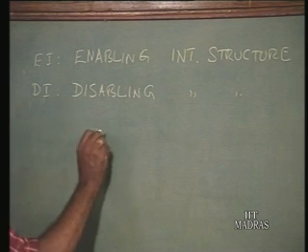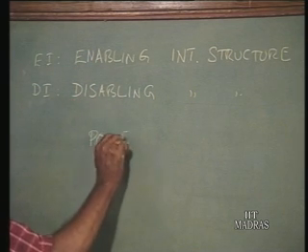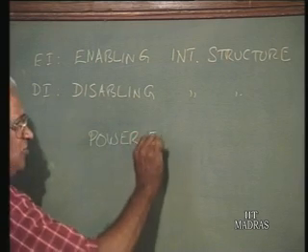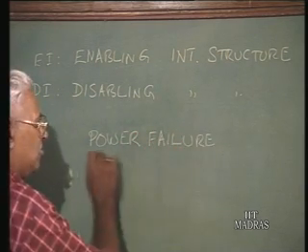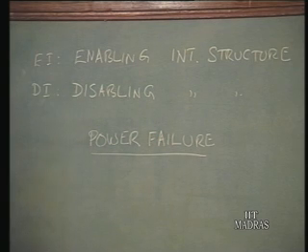In case power failure is indicated, suppose we are able to disable the interrupt, then what happens? Before we can re-enable, the power may fail and we would lose everything that is in the semiconductor memory, volatile memory.